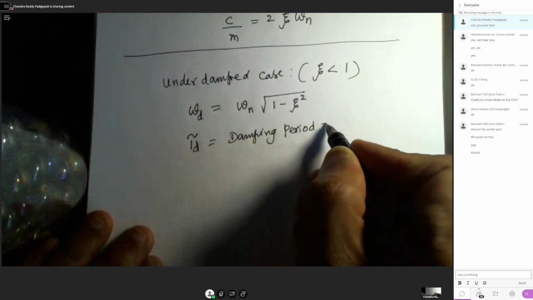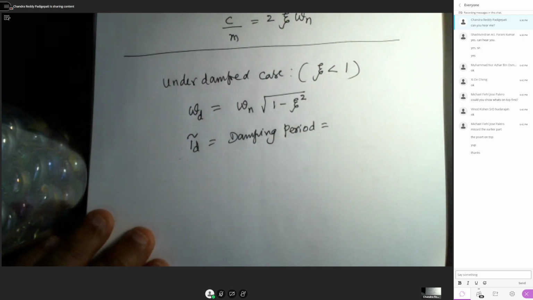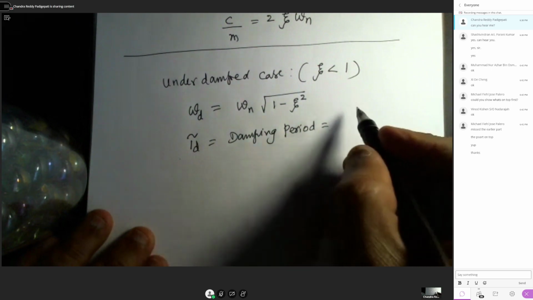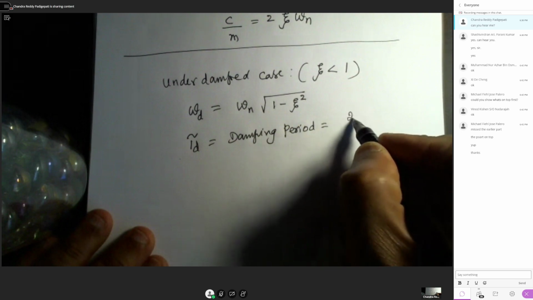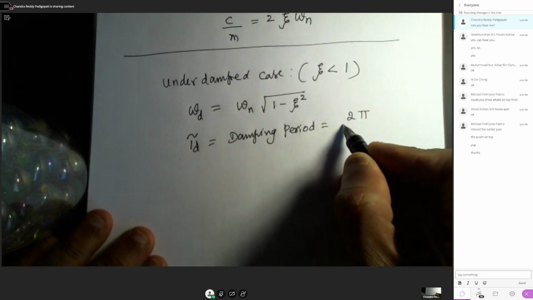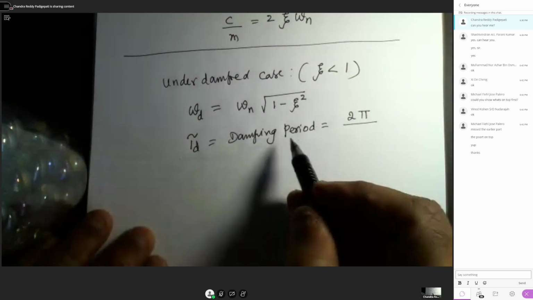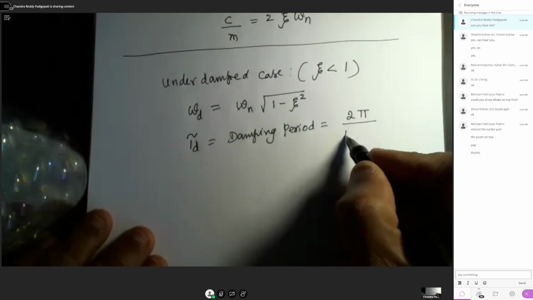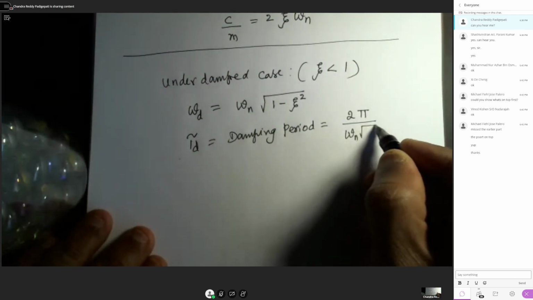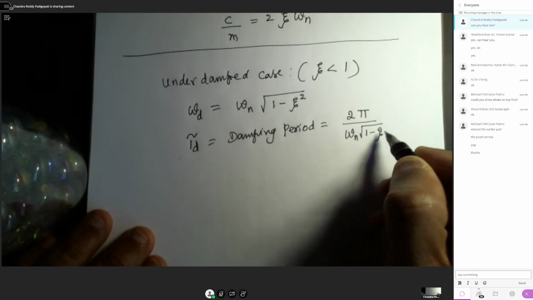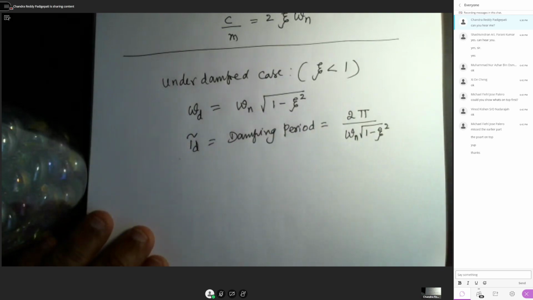Period is the time taken for one complete vibration. We can write the damped period tau d as 2 pi over omega d, and replacing omega d with the natural frequency, 2 pi over omega n into square root of 1 minus eta square.